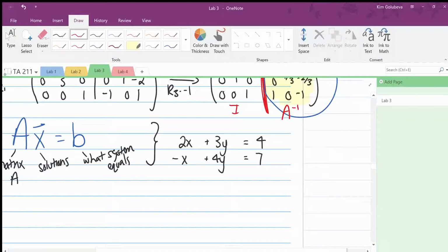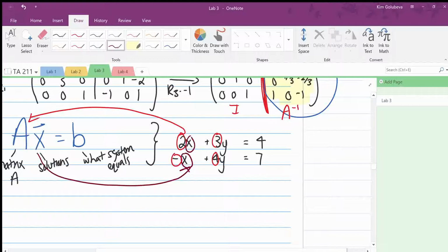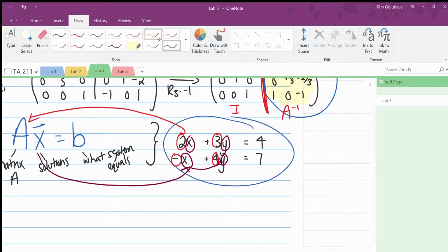Essentially your A is going to be these numbers. So that's your A. Your X is going to be your solutions, so whatever your variables end up equaling that will make this whole statement true.